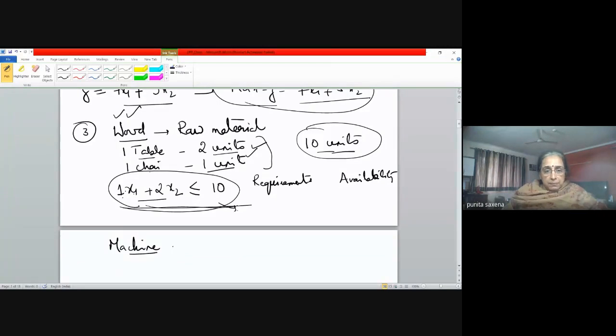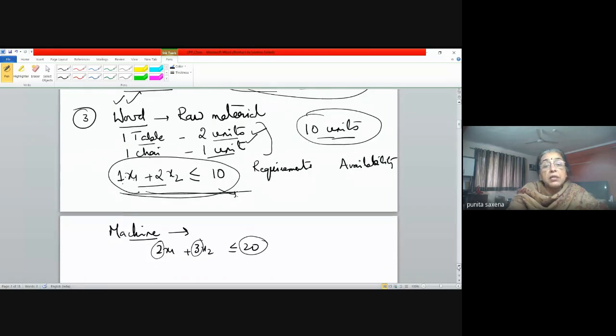So whatever constraint we define with regard to machine time would be my second constraint. Could it be 2x1 plus 3x2 less than or equal to 20? In a way, one chair needed 2 units of machine time and one table needed 3 units of machine time, and they have to be less than or equal to 20. That means I do not have more than 20 units of machine time available to me. That becomes my second constraint.